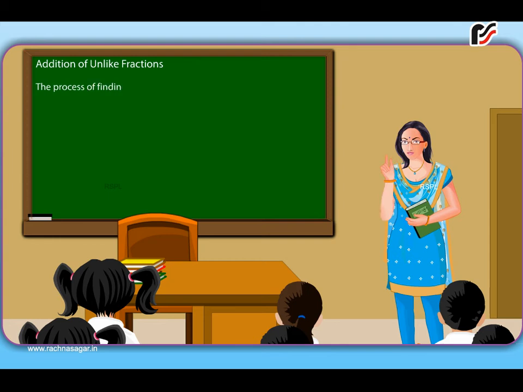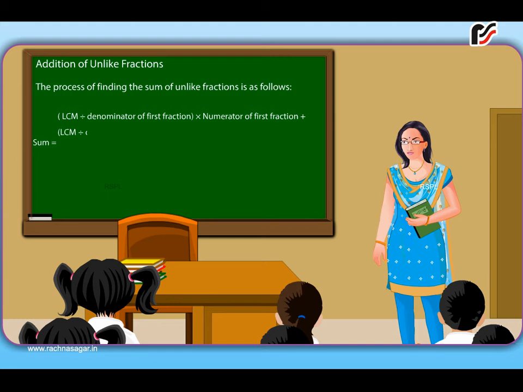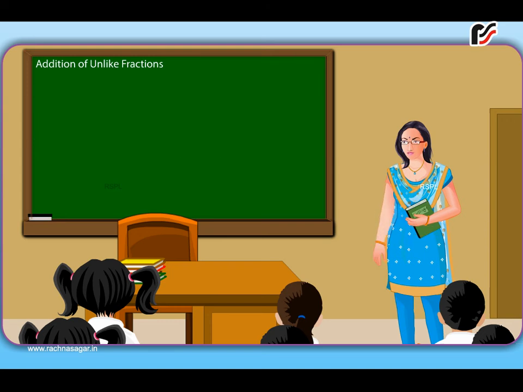The process of finding the sum of unlike fractions is as follows. Sum is equal to LCM divided by denominator of first fraction multiplied by numerator of first fraction plus LCM divided by denominator of second fraction multiplied by numerator of second fraction, whole divided by LCM of denominators.